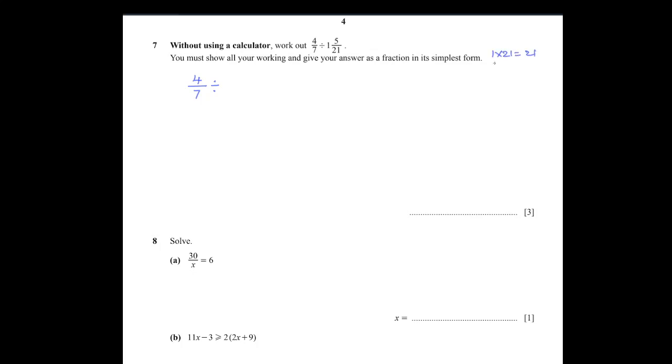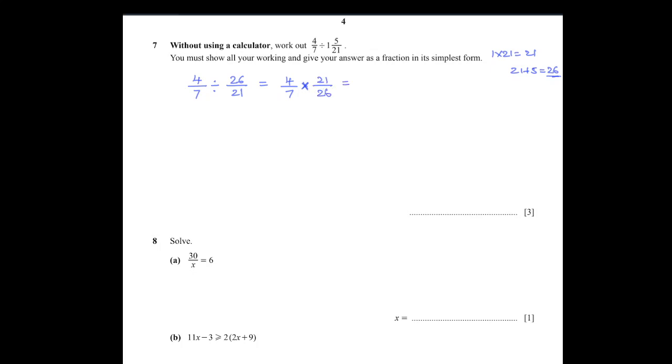Then add 5 to it, that is the numerator, it will be 26, and the denominator will be the same. So 26 by 21. Then whenever you are dividing a fraction by a fraction, you multiply by the reciprocal of the next fraction, that is the divisor.